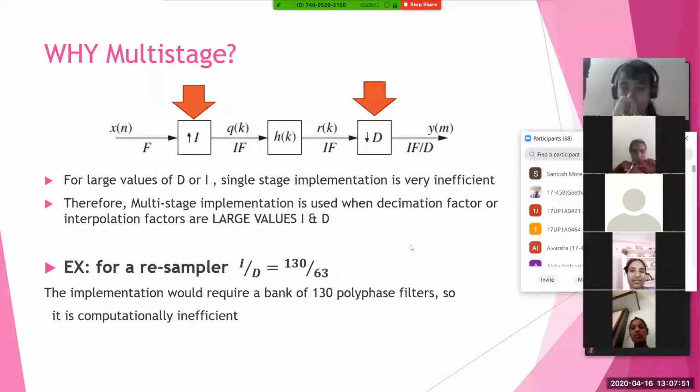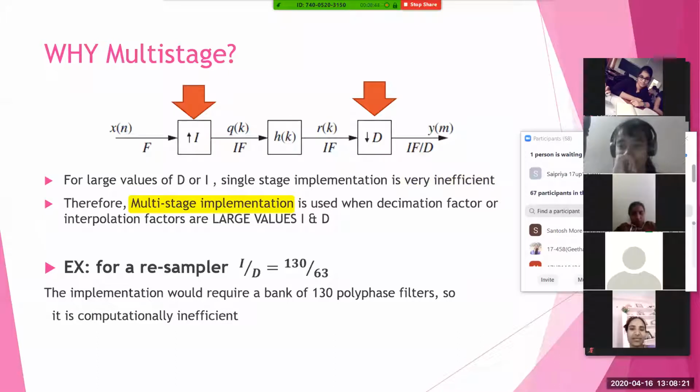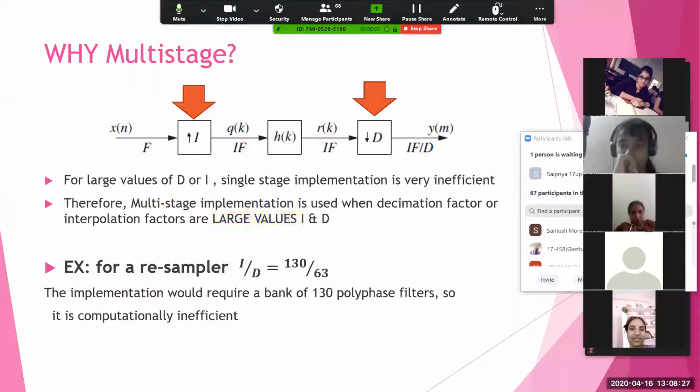The disadvantage of the single stage is that, especially for larger values of D or I, that means if I want to, for instance, increase the sampling rate by, let us say, 100 times and decrease the sampling rate by 50 times, then the single stage implementation is a very inefficient method. So that's why we go for multi-stage implementation whenever we have large values of I and D factors.